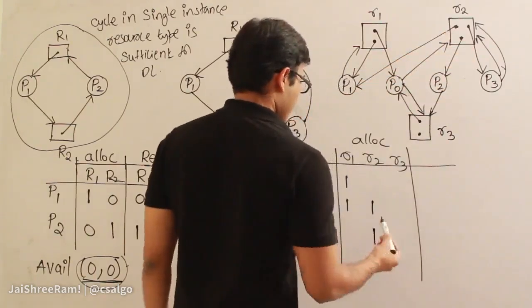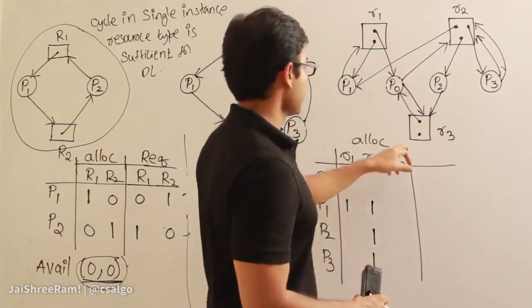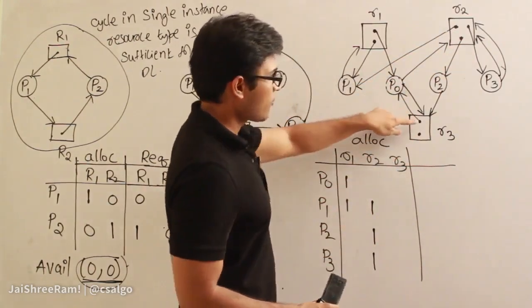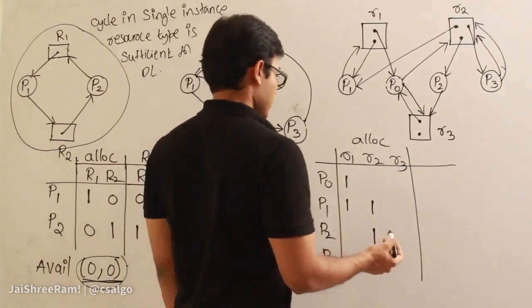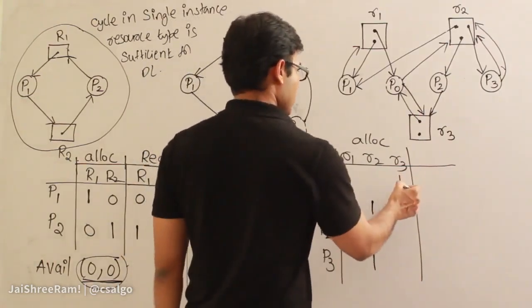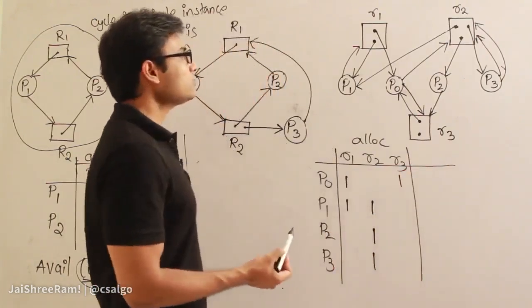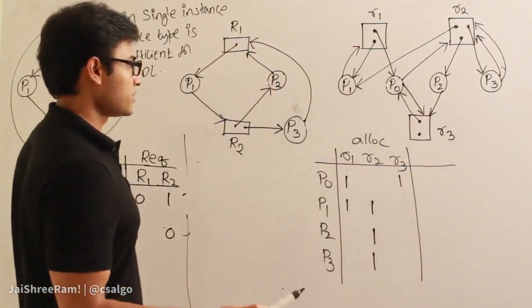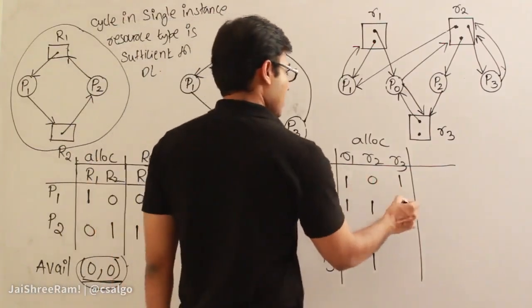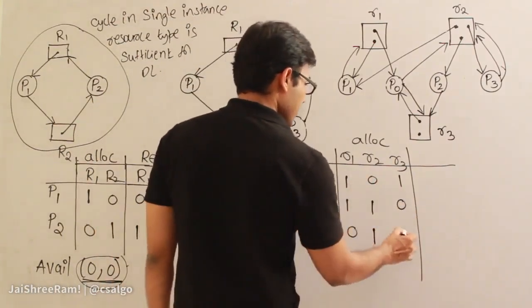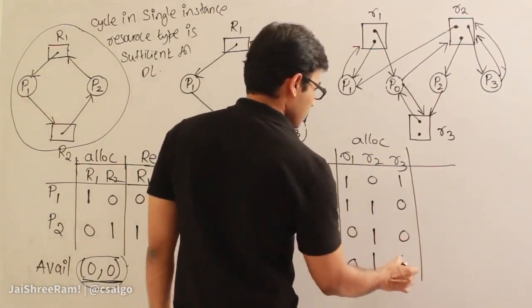Fine. And R3 is showing that one is allocated to P0. Isn't it? This is the allocation graph. That is how you can fill the allocation, and just fill all the other entries as 0, right?